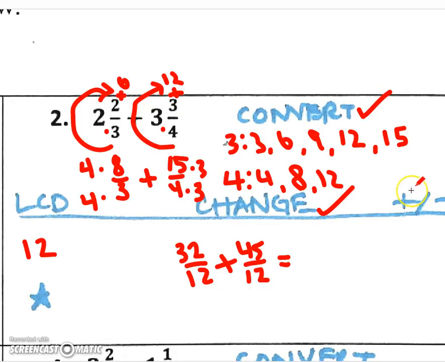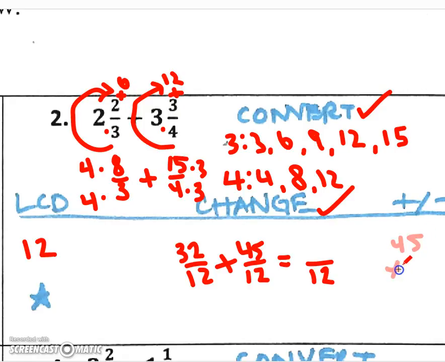Again, we do our last step. That's our easiest step of all. We have to add or subtract depending. I'm saying that this is adding. Remember what I said earlier, we never actually change our denominator. We don't add those together, so it wouldn't be 24. We keep it 12. So now I'm looking over here. I got 45 and 32 I need to add together.